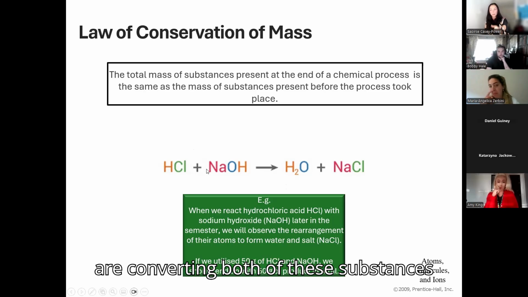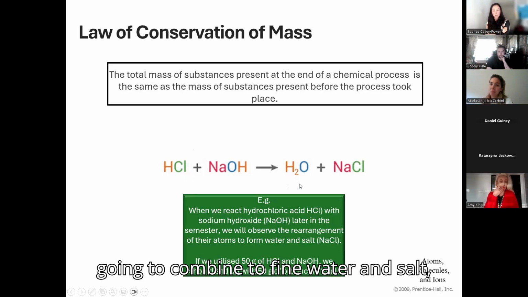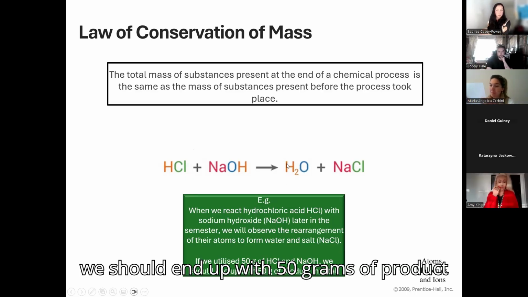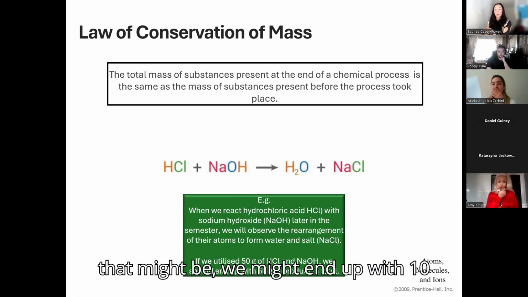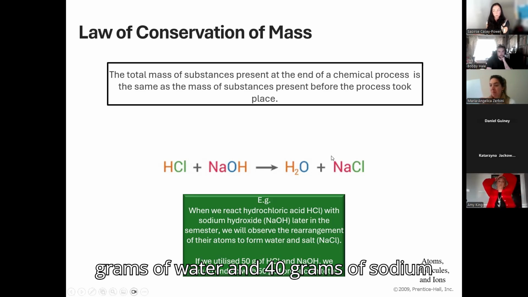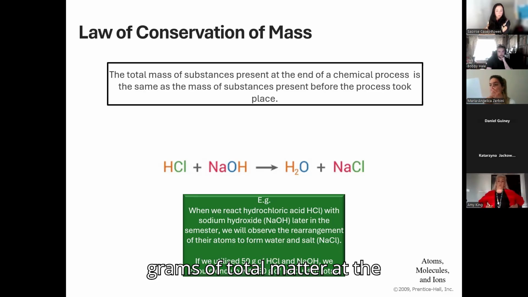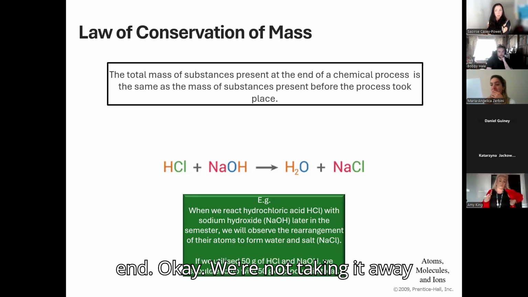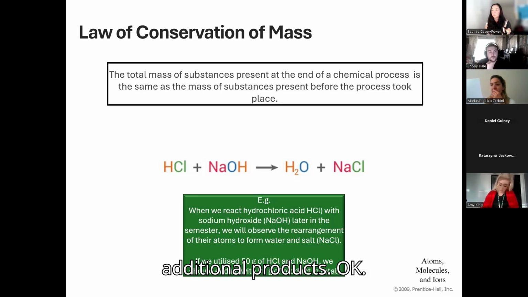Even though we are converting both of these substances into a new form, they're going to combine to form water and salt, and we should end up with 50 grams of product in total. Okay, so we might end up with 10 grams of water and 40 grams of sodium chloride, but we still end up with 50 grams of total matter at the end. Okay, we're not taking it away and we're not creating additional products.